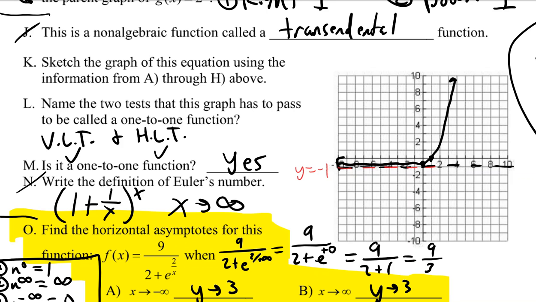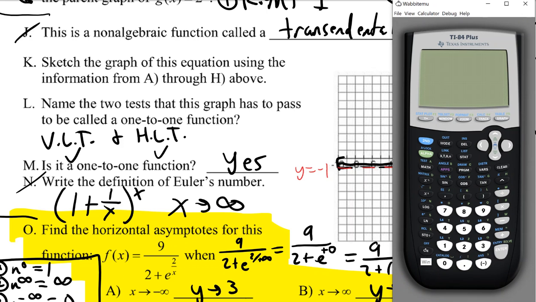The other thing I wanted to say about asymptotes, though, is there are vertical asymptotes. Exponential functions just don't have vertical asymptotes. It almost looks like this is one because it's rising so quickly, but vertical asymptotes occur when you try to divide by 0. So, let's see.